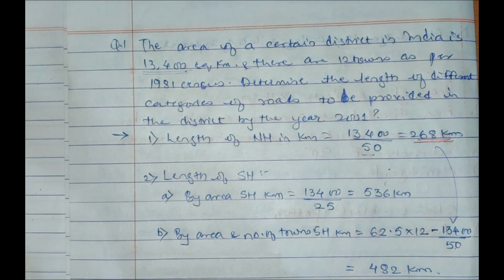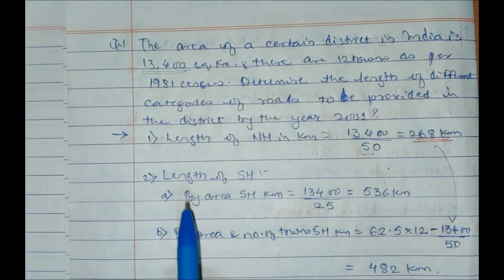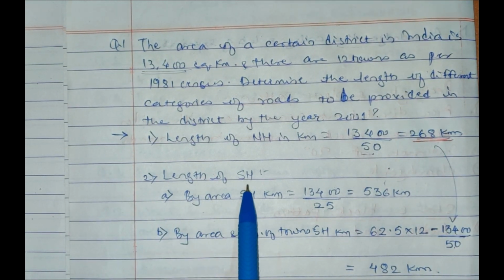There should be provision of at least 1 kilometer length of the national highway per 50 square kilometers of area. Hence, to determine the length of the national highway, we have to divide the total area of the district by 50. So it works out to be 268 kilometers.